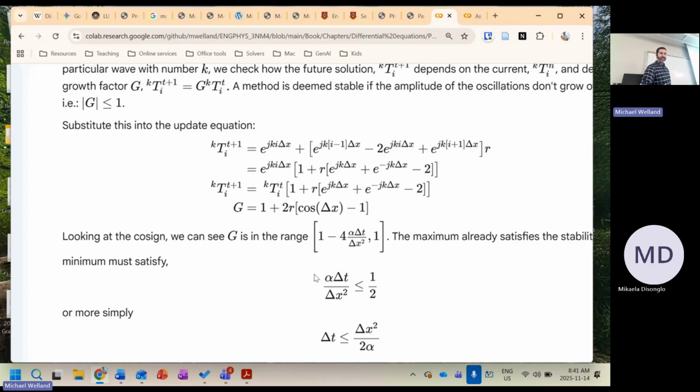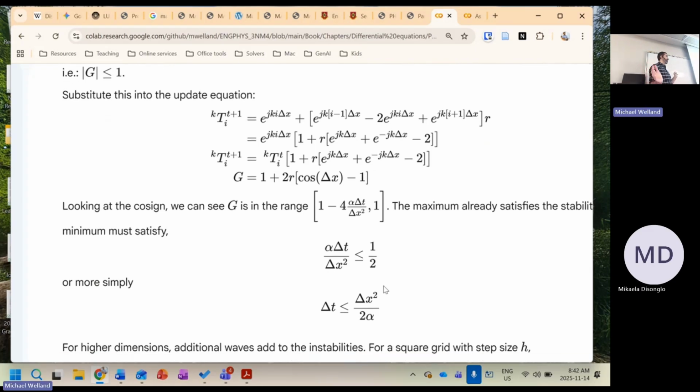As long as this guy is less than 1/2, you're going to be fine. As long as your thermal diffusivity, your time step, and your spatial step squared satisfy that, then there's no problem.